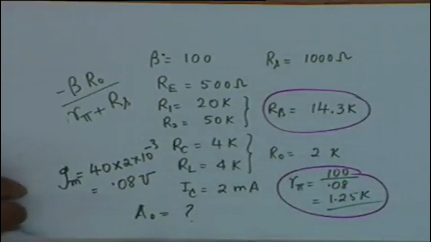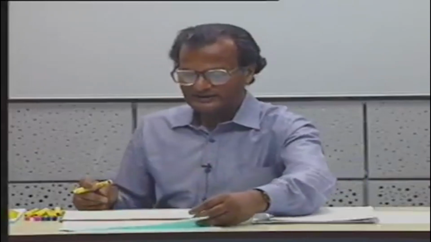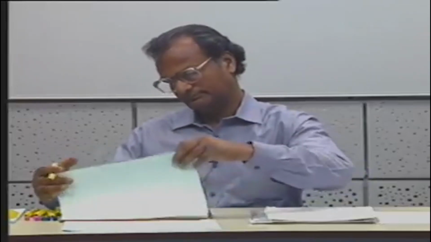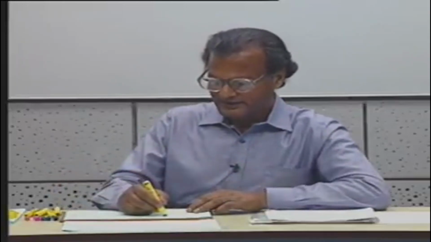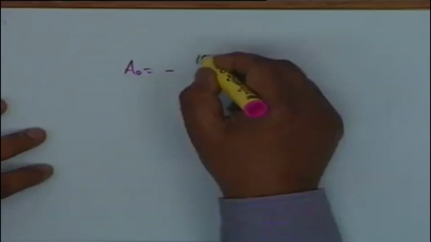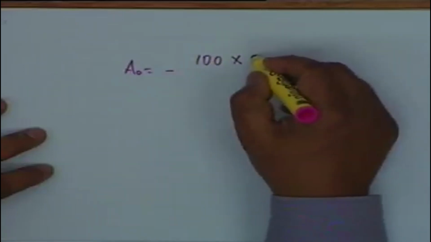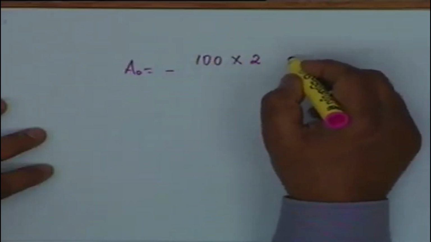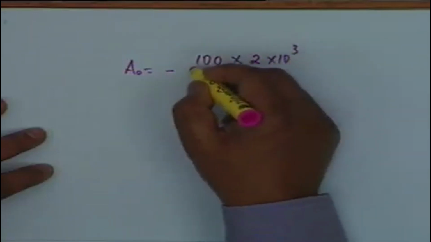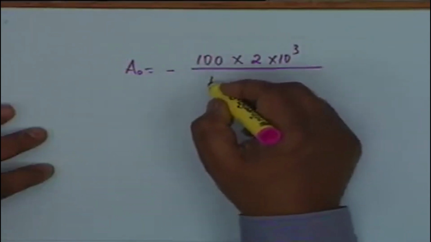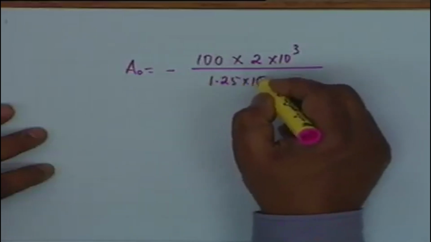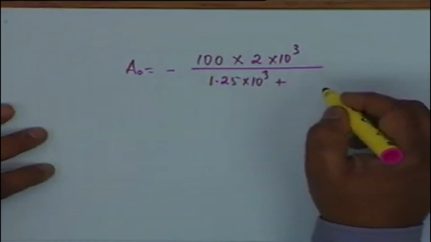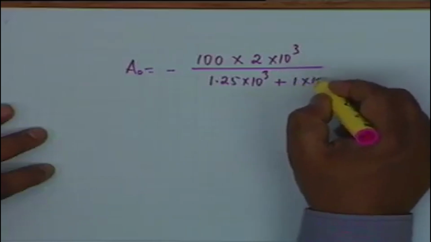Now if we substitute these values in the mid-band gain, then I get A0 as equal to minus 100 beta, R0 is 2K, 2 times 10 to the 3 divided by R pi, which is 1.25 times 10 to the 3 plus Rs, which is 1 times 10 to the 3.